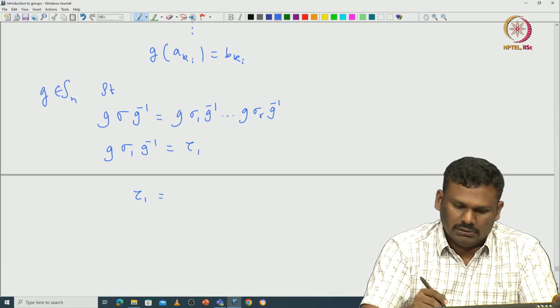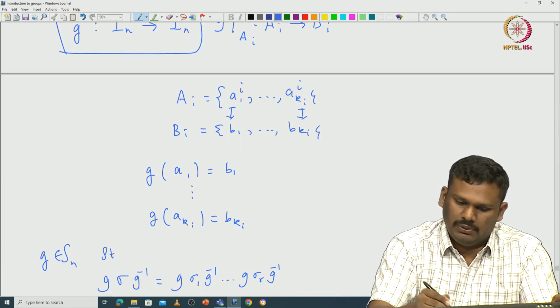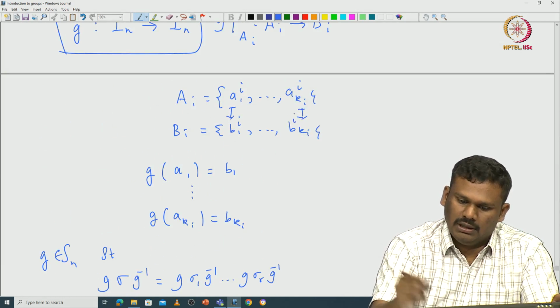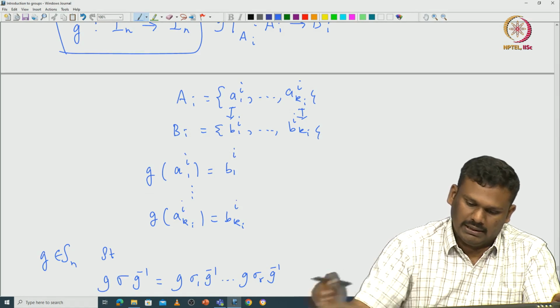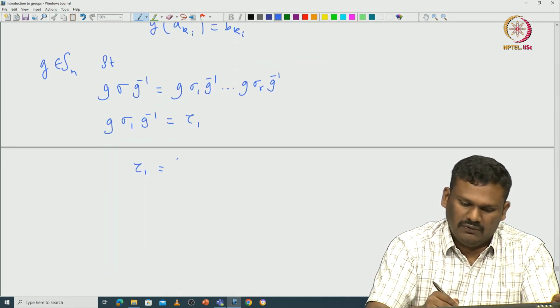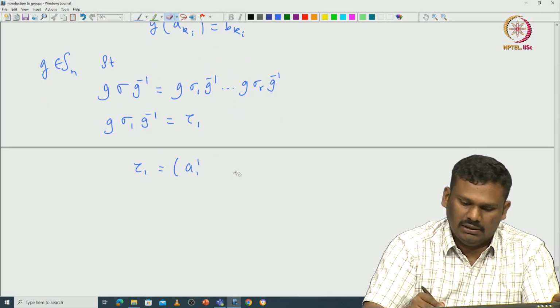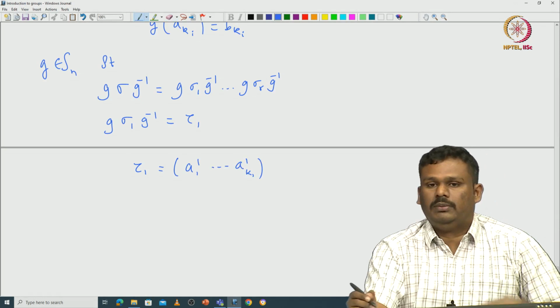Maybe I should put this i on top, so that it becomes clear. It is related to the ith set Ai. In particular, tau 1 will be the cycle a11 etc. ak11. That is going to be your tau 1.